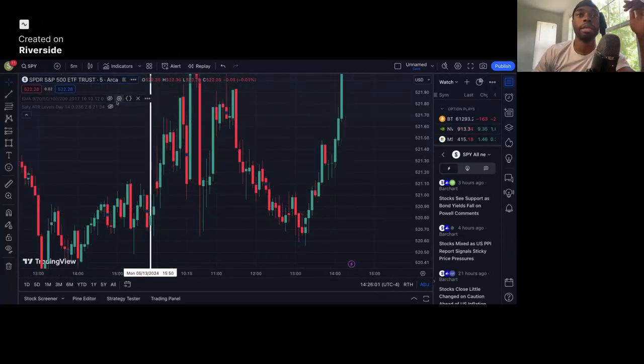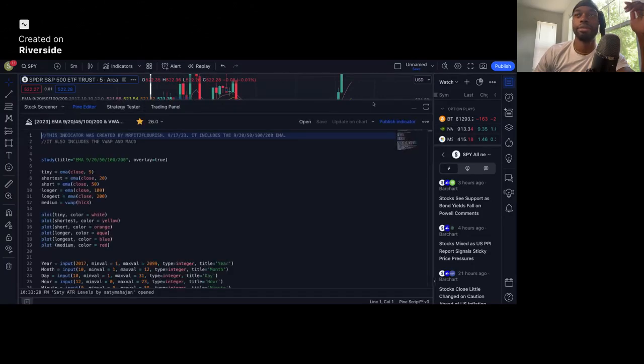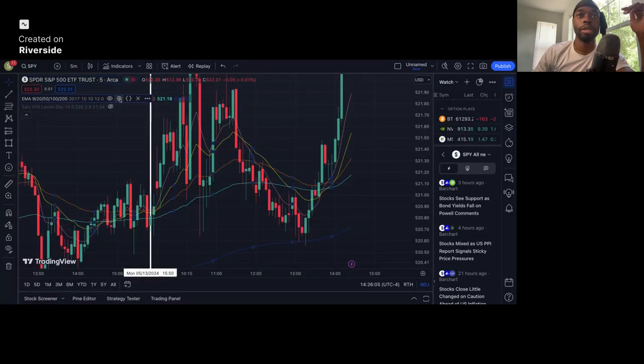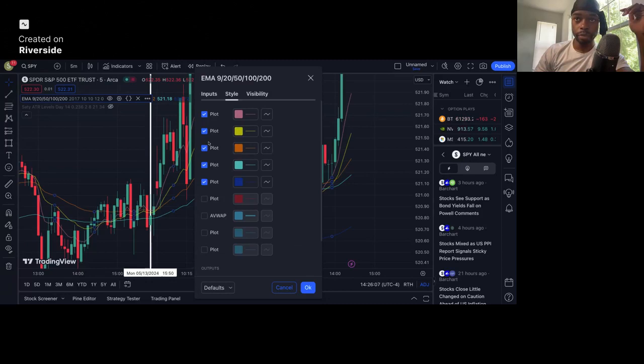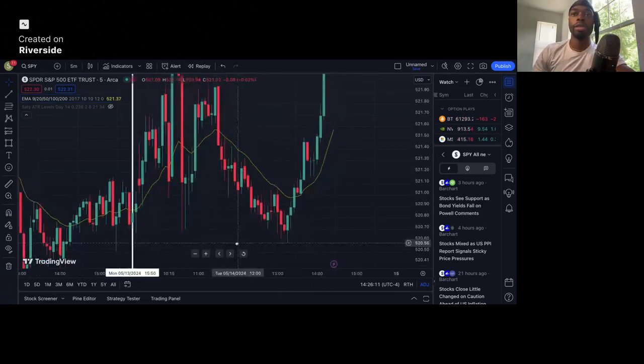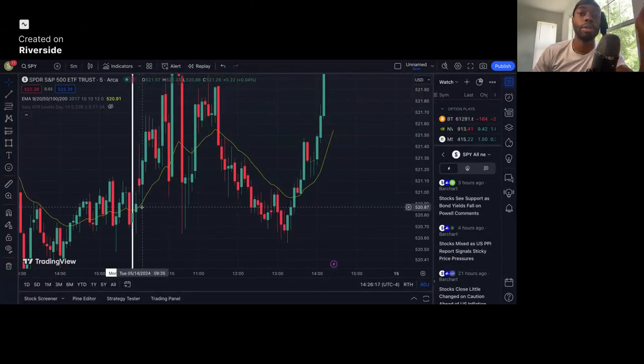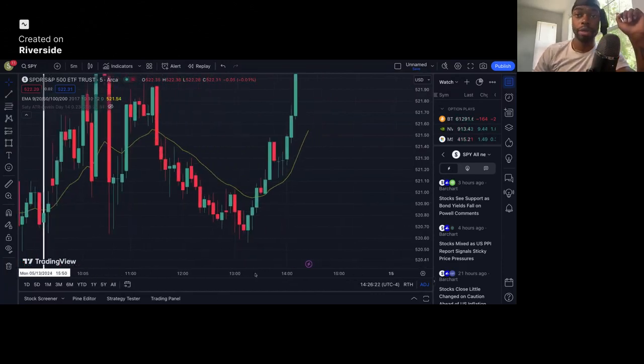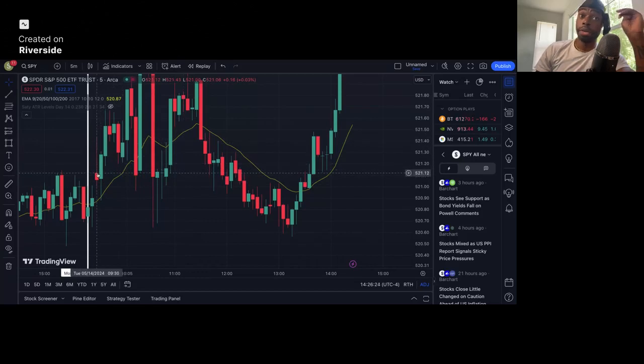Let me take quite a bit of these off to not confuse anybody. I'm going to take all of these off except the 20 EMA, which is the yellow line. As you can see, the yellow line follows these bars pretty nicely, and it's calculating the average price of the last 20 bars. That gives you a good estimate of what the last 20 prices were.